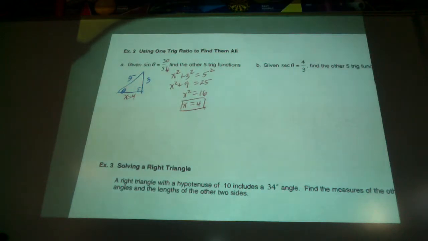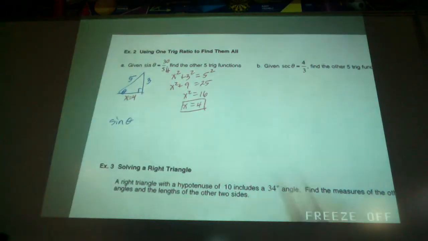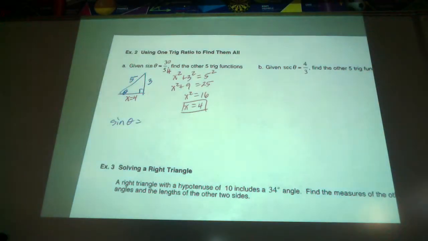So this time you're not going to have any radicals. Daniel, you okay? Yeah. So you find all 6. You already have the first one. And it's going to look like this. Sine of theta equals, because we don't know the degree.